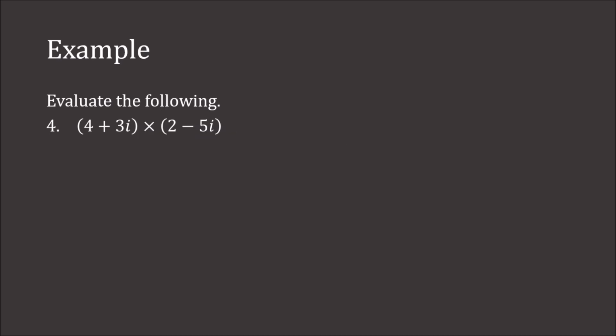Now let's multiply two complex numbers together. So remember, this works much like foiling. So I have 4 times 2 plus 4 times negative 5i plus 3i times 2 plus 3i times negative 5i.